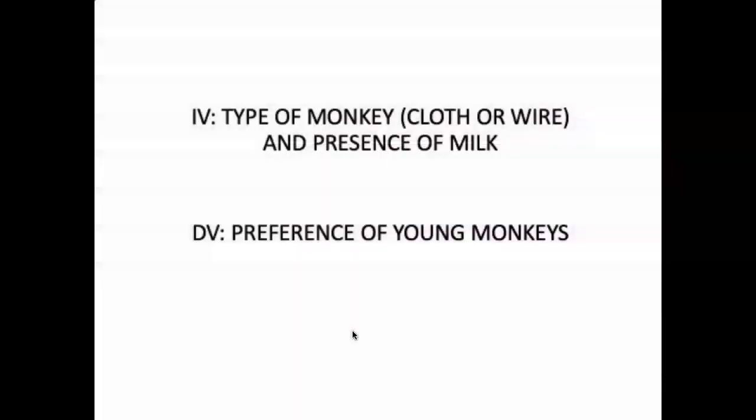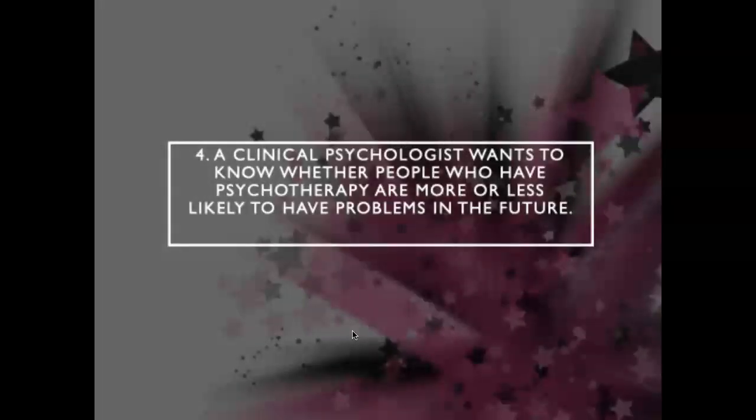Okay, the independent variable would be the type of monkey, cloth or wire, in presence of nourishment. Right, and then the DV would be the presence of young monkeys. Let's do one more. The answer to that would be independent variable, psychotherapy, and dependent variable, future problems.